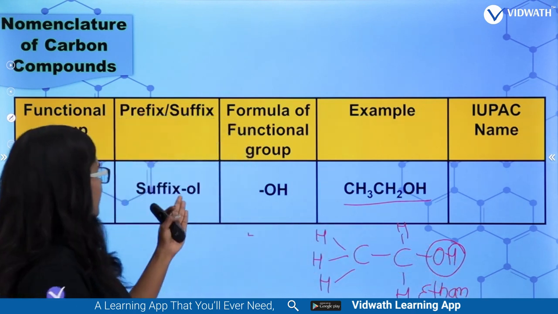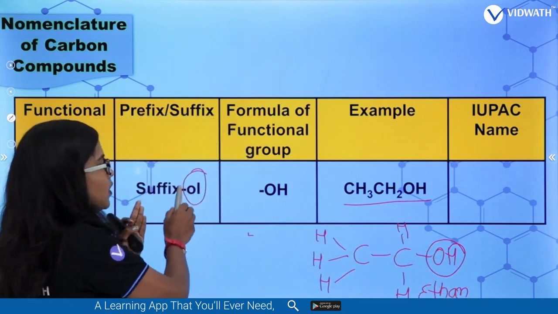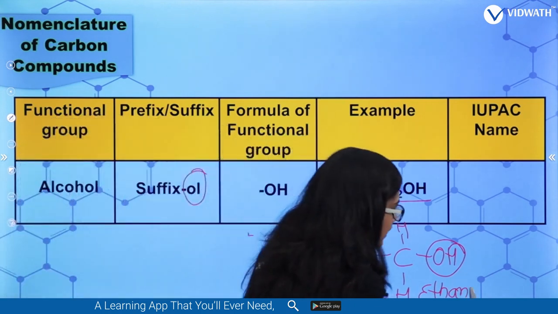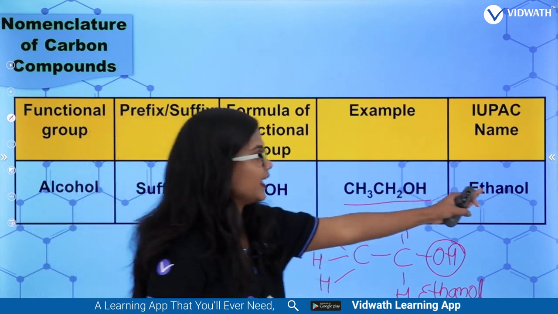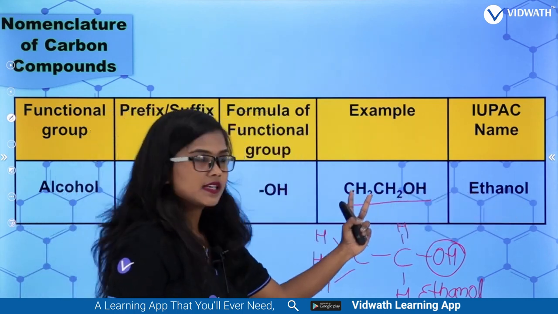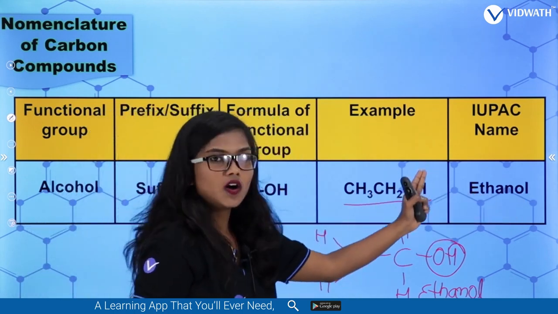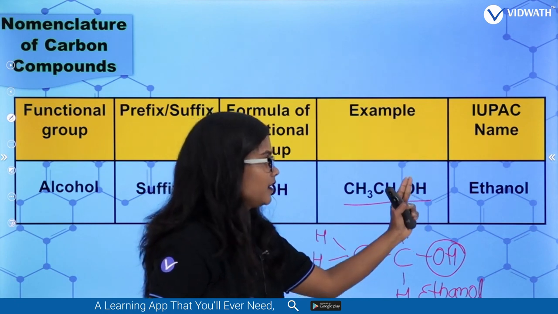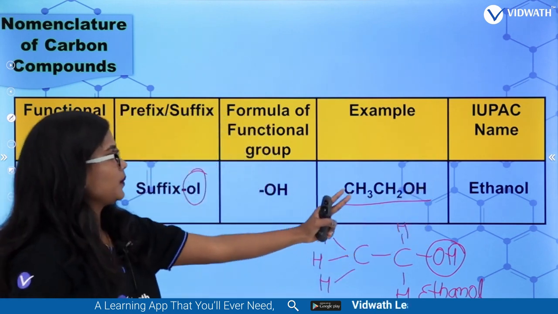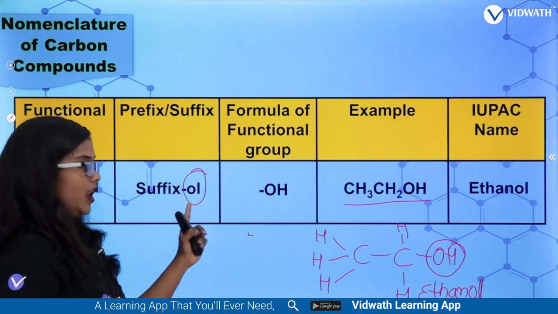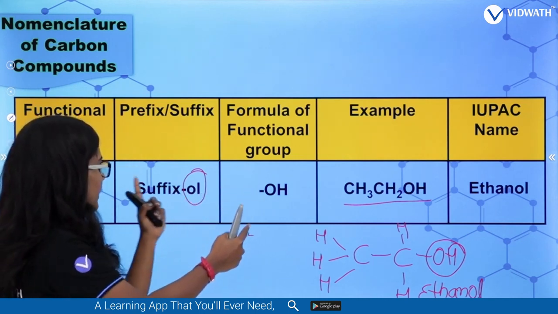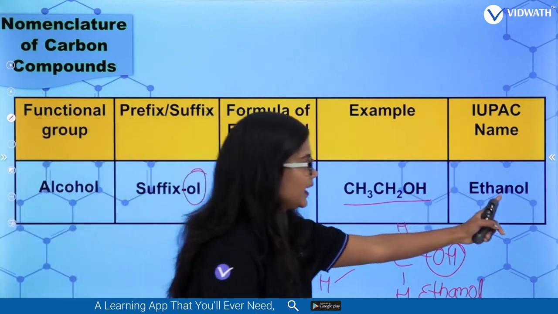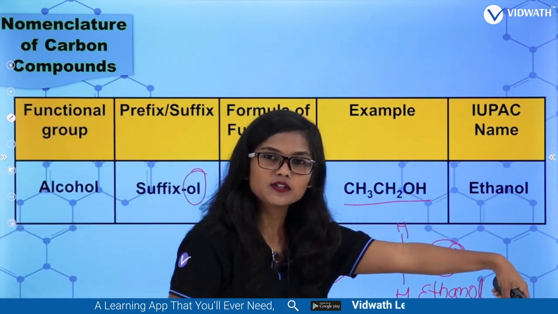So OH means in the suffix we use "ol": ethanol. So what do we call this? Ethanol. It has 2 carbon atoms, and the functional group is alcohol, that is OH. For that compound we use the suffix "ol", which represents the alcohol. So ethanol. Clear about this functional group?